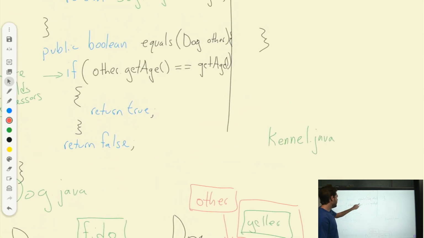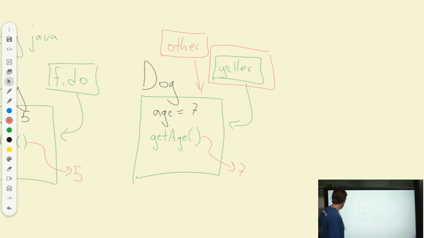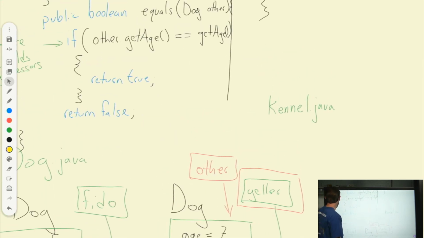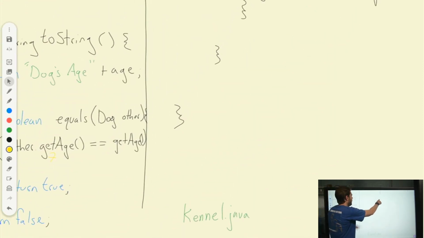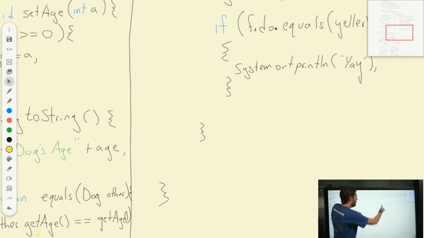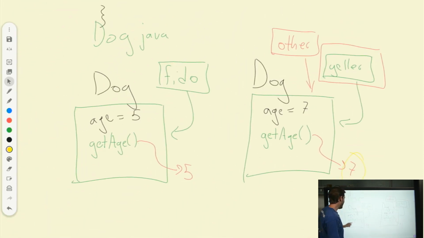So we say other.getAge. Other.getAge, we get a value of 7. So this is going to be a value of 7 when we evaluate this. GetAge, when we call that of our Fido object, because that's the object we're in, right? We're calling it from Fido. So we're already in Fido. We're calling .equals, and then we call getAge from within there.